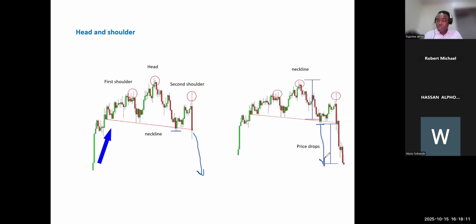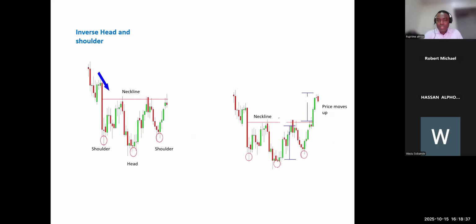Again, you may choose to use an instant execution at the close of the breakout candle. And you can see that just like the other one, you may end up missing some opportunity if you do that. So it's preferable that you use the sell stop pending order.